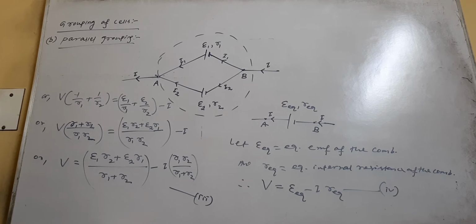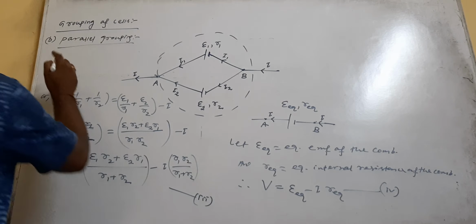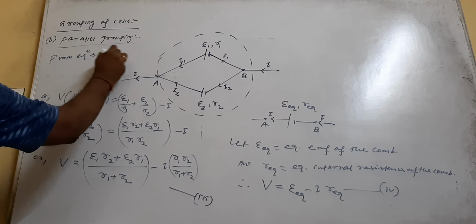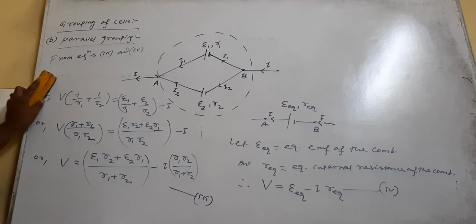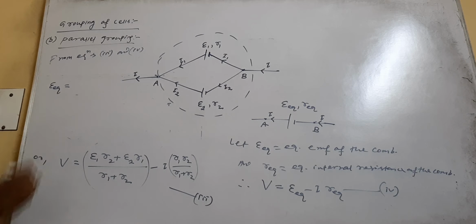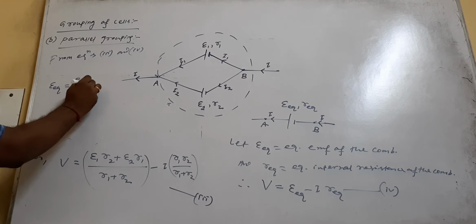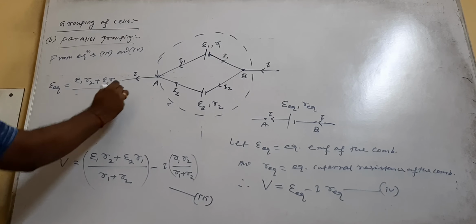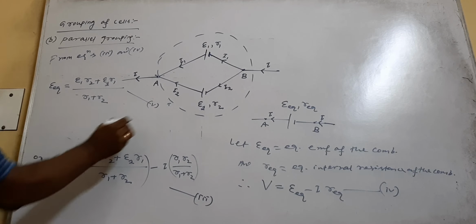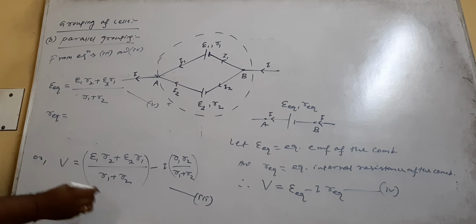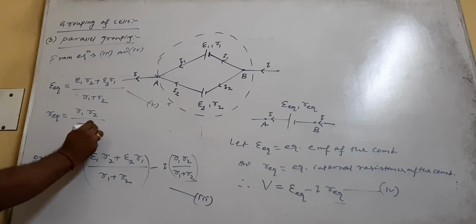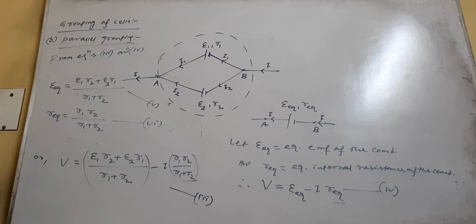So from equations 3 and 4, E equivalent is equal to E1 R2 plus E2 R1 divided by R1 plus R2. It is equation 5, and R equivalent, that is R1 R2 by R1 plus R2. It is equation number 6.